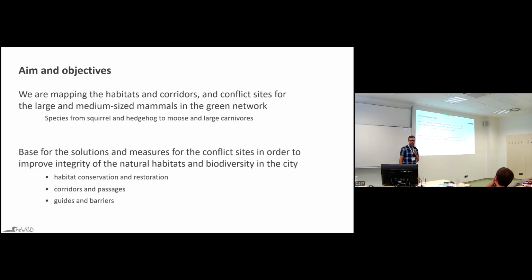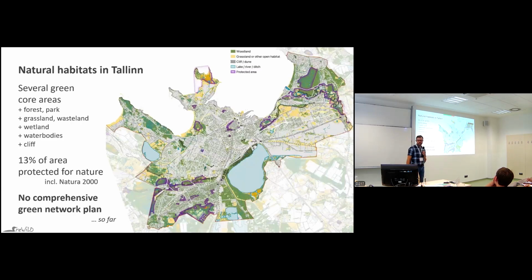We cover the species from squirrel and hedgehog to the moose and large carnivores. And this is actually an ongoing study. We haven't finished yet, but I think we have something already.